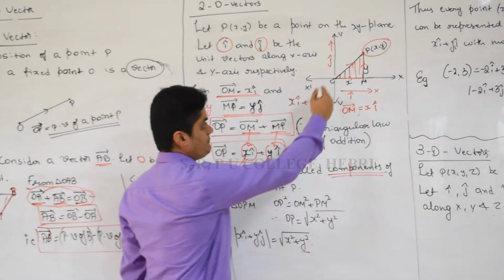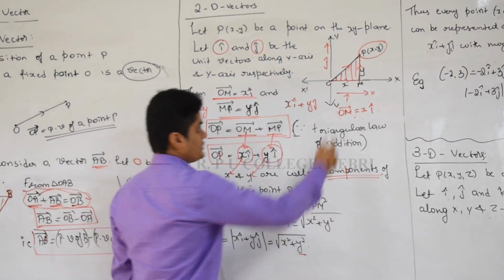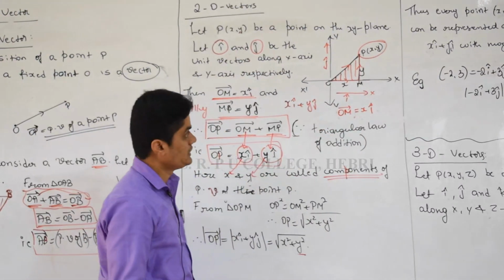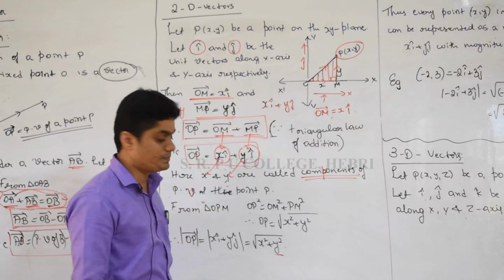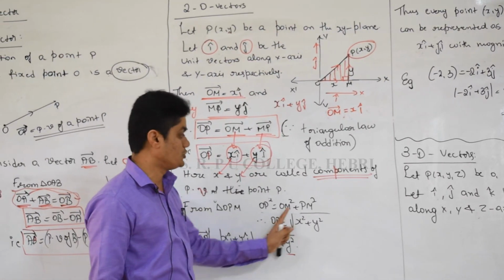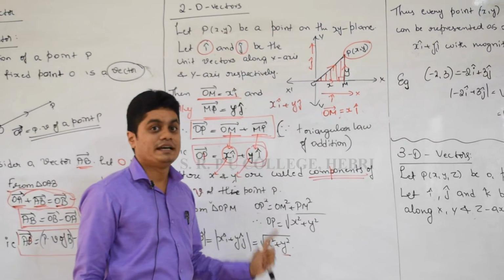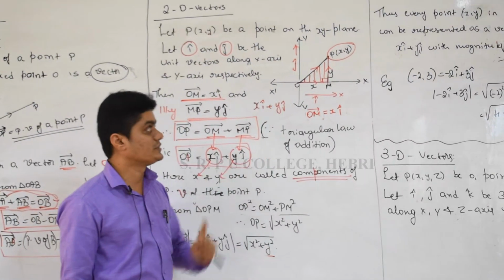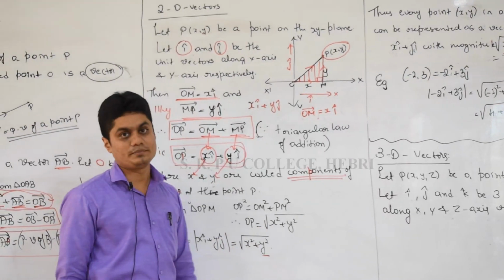To decide the magnitude, use this right angle triangle, where this angle is 90 degrees. Use the Pythagoras theorem: OP square is equal to OM square plus PM square. So OP is equal to root of x square plus y square, because OM is equal to x and PM is equal to y.